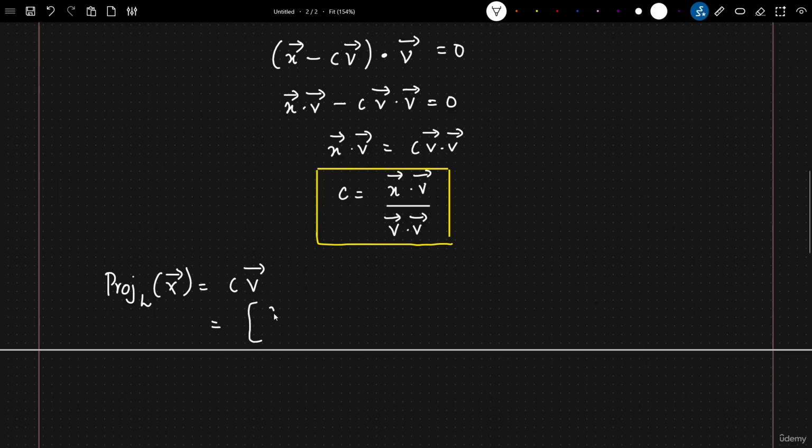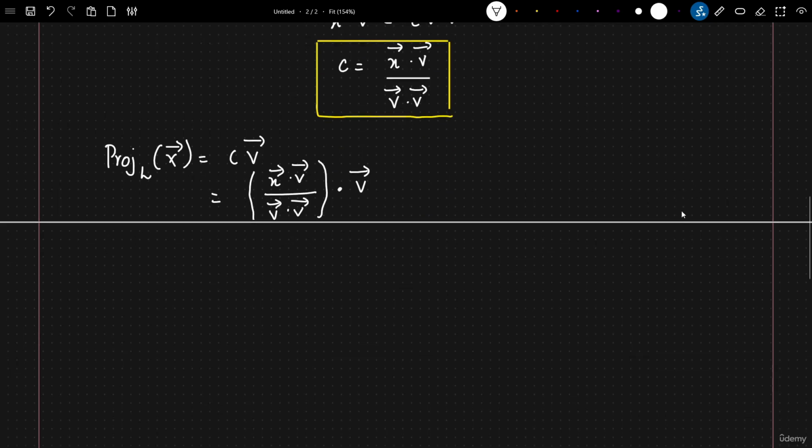And C is nothing but X dot V divided by V dot V. So here I have this entire value of C. Instead of using these brackets, I will use square brackets: X dot V divided by V dot V, multiplied by V vector. And this is exactly what you get with respect to the formula.